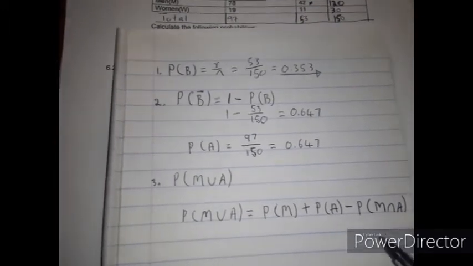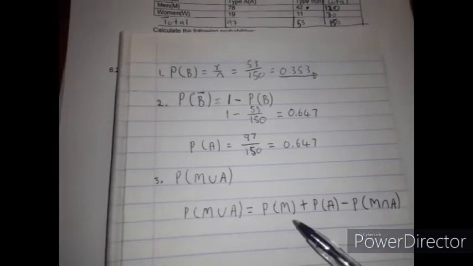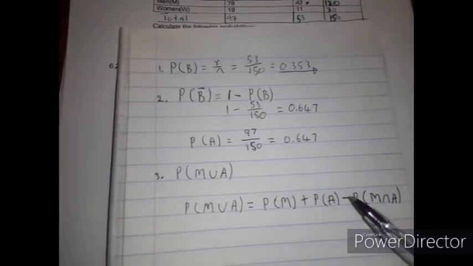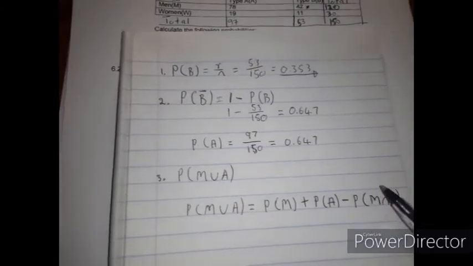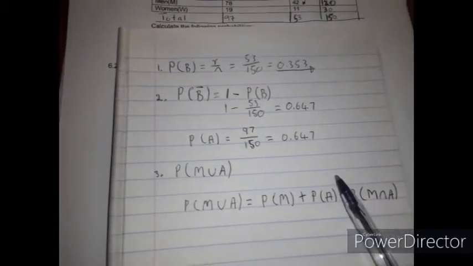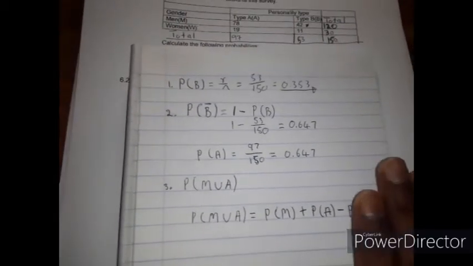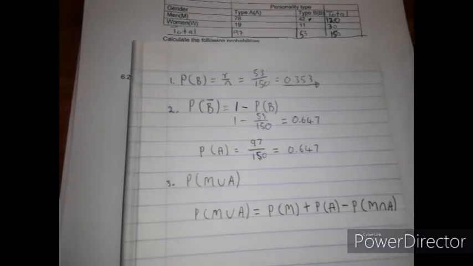So these two events intersect, that's why we subtract the intersection. If there was no intersection, our formula would have ended here. But there is an intersection, so you subtract it.